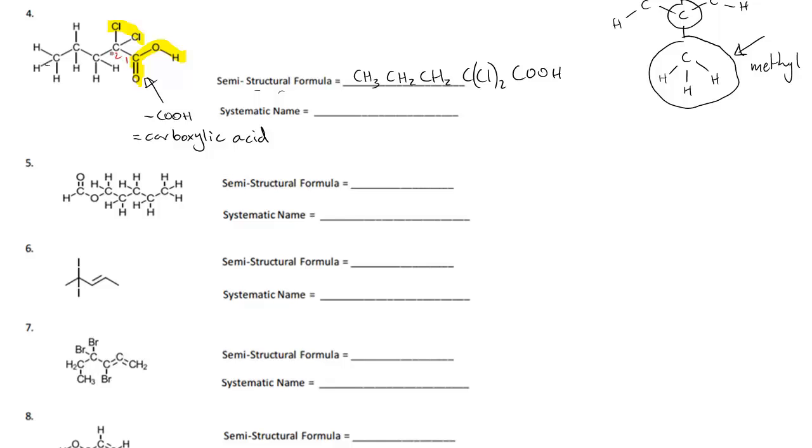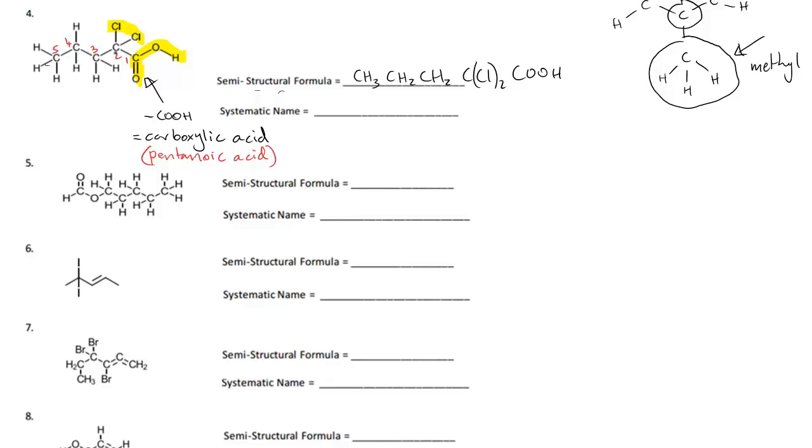So 1, 2, 3, 4, 5. So it has 5 carbons. So probably it's going to be called pentanoic acid, the backbone of that particular carboxylic acid.